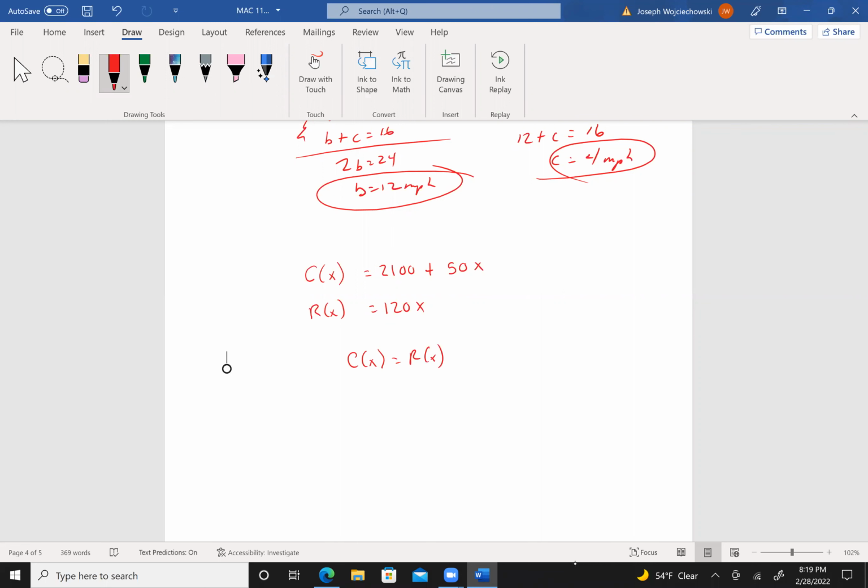There's no profit. Or if you remember, profit equals revenue minus cost. So if profit is 0, then when revenue equals cost, we break even.